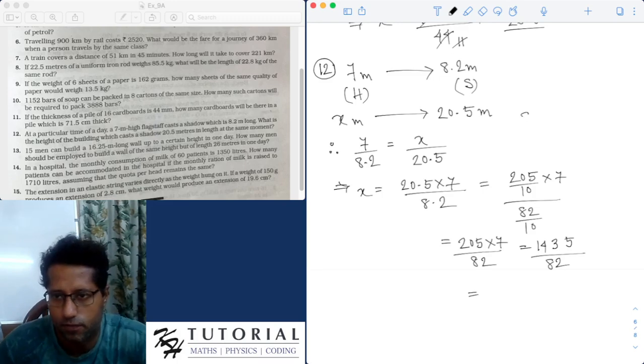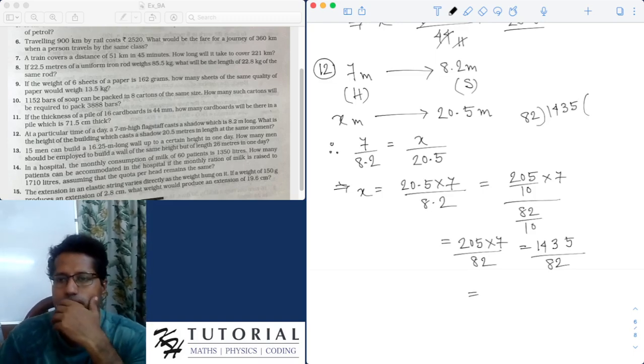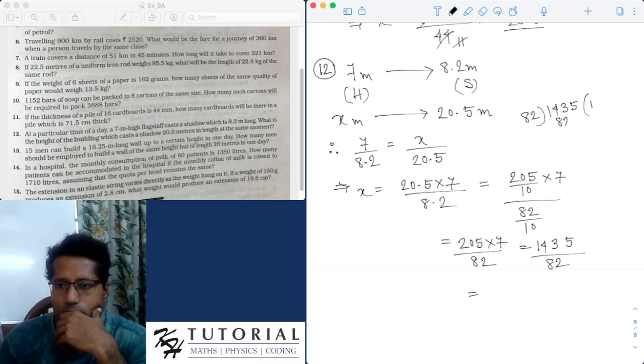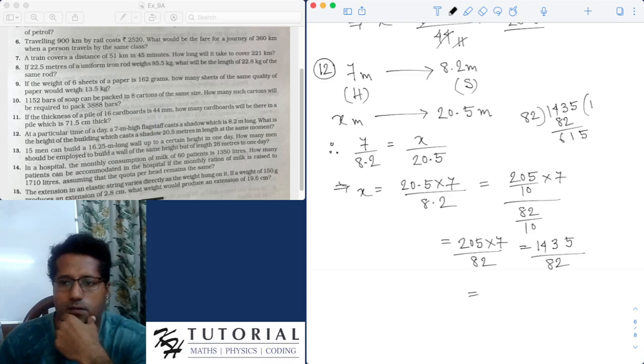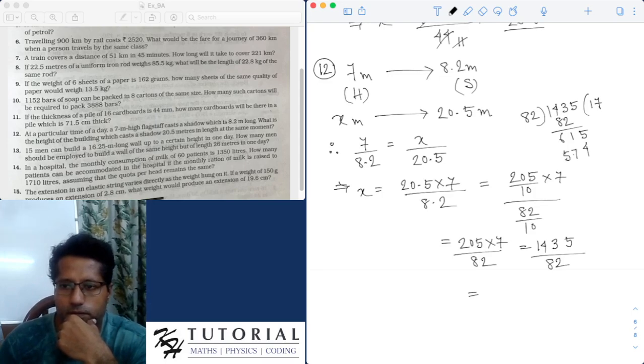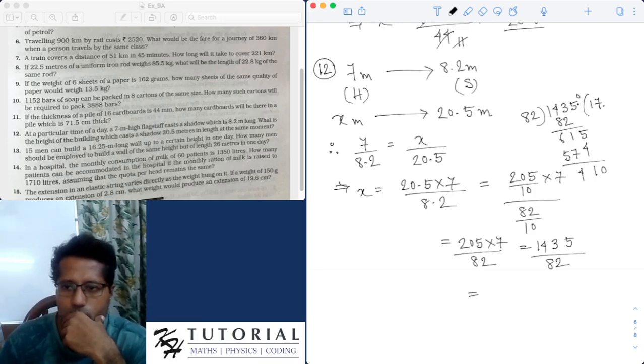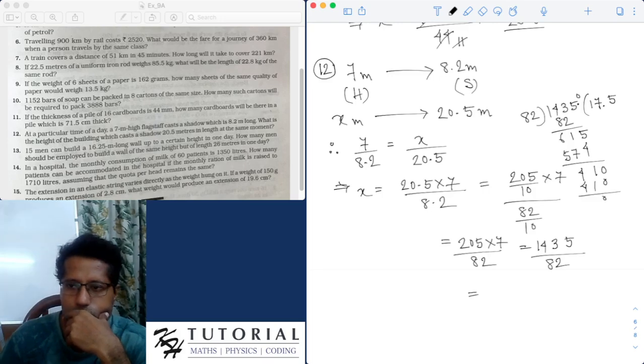If you do the division, this equals 17.5.